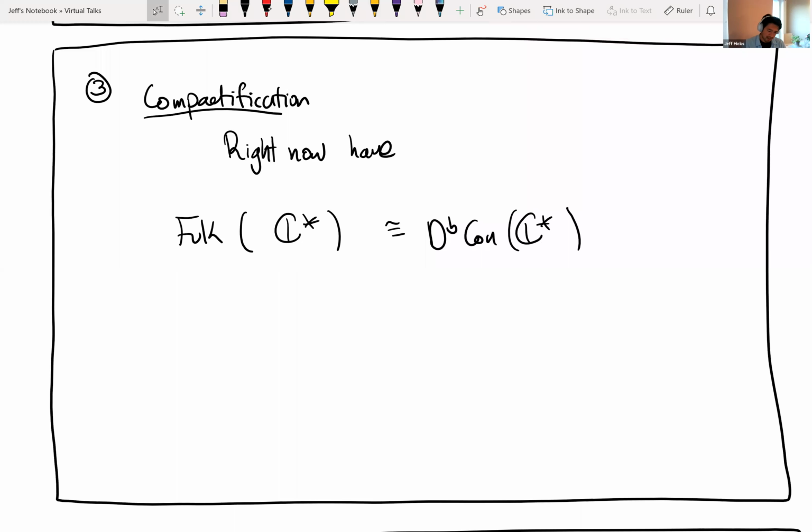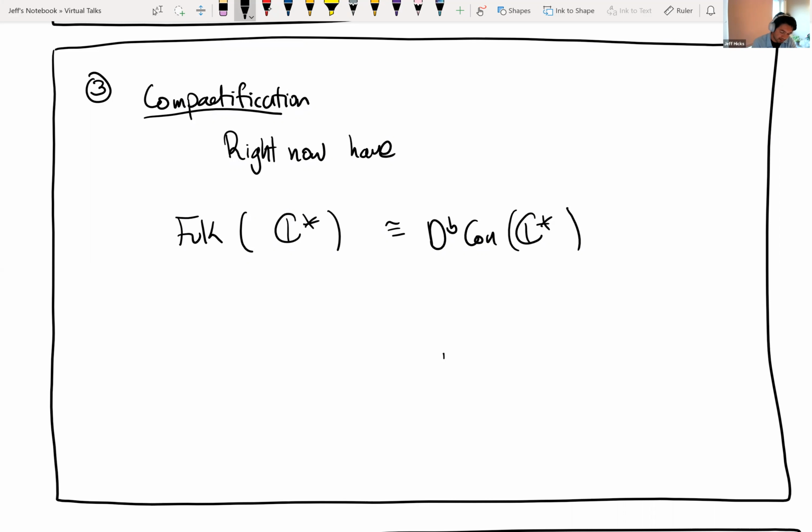So the last component that we need to talk about is how SYZ plays with compactification in this story. Right now, I've told you that the Fukaya category of C star is the same thing as the derived category of coherent sheaves on C star, or maybe you believe from the last few pictures that that's the case.